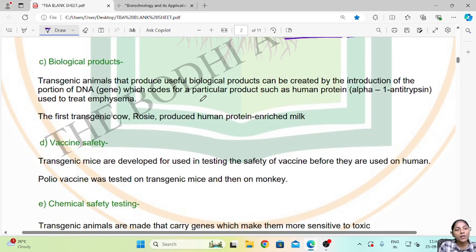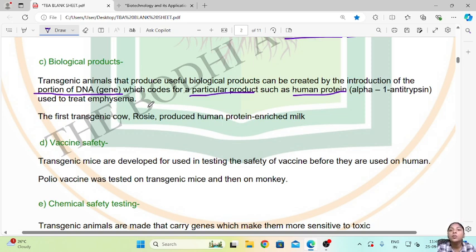Then talking about the biological products. Transgenic animals that produce useful biological products can be created by the introduction of a portion of DNA or gene which codes for a particular product, such as human protein, which is used to treat emphysema. So the DNA of these animals is modified and introduced with a portion of DNA or a gene which codes for a particular product, the product which we desire.